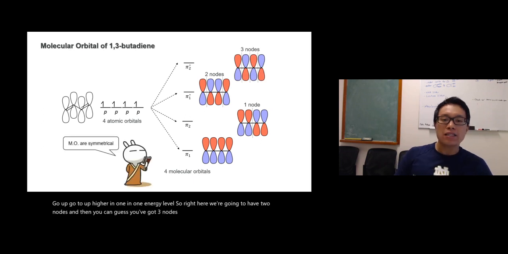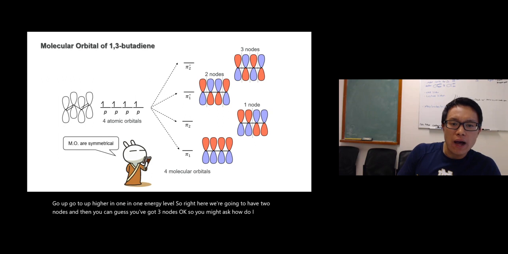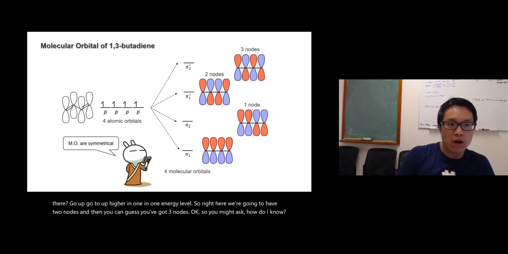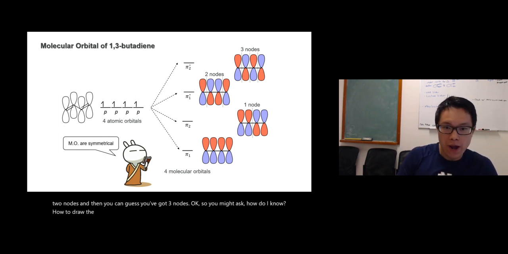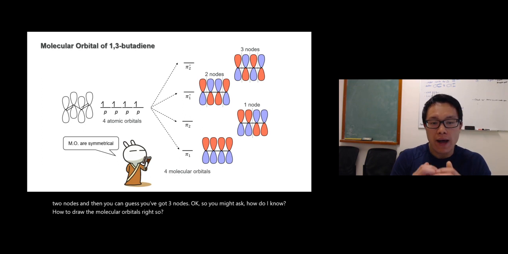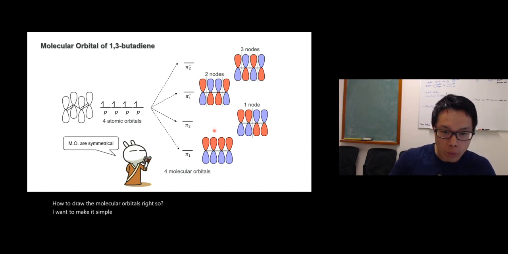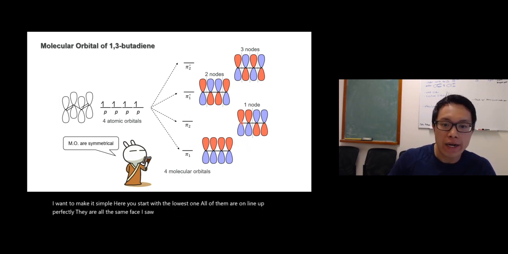So you may ask, how do I know how to draw the molecular orbitals? I'm going to make it simple. You start with the lowest one. All of them line up perfectly, all the same phase, so all up. When you go up to the next energy level, it's going to have 1 node, which means a little destructive interference.